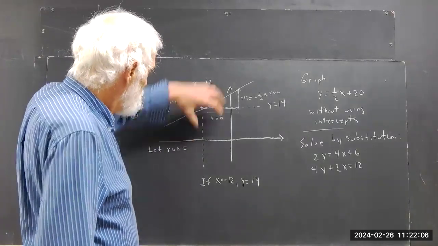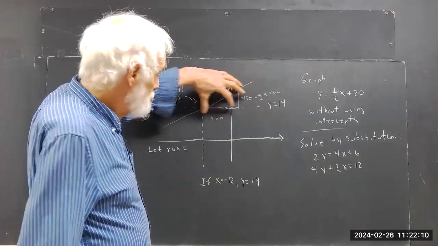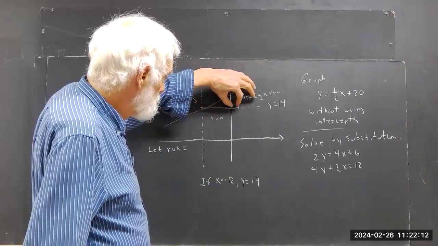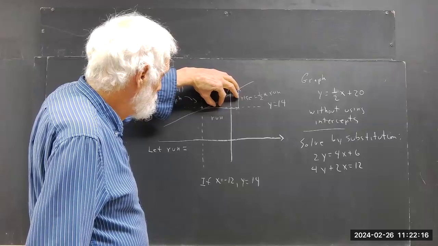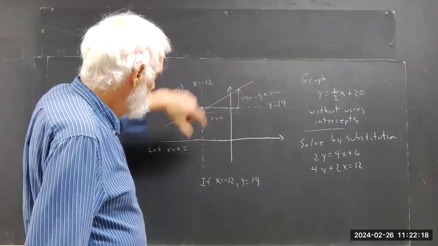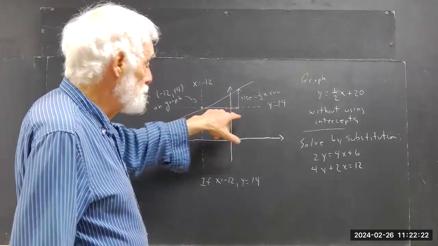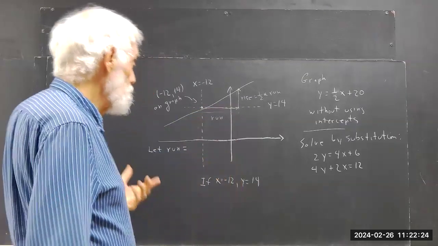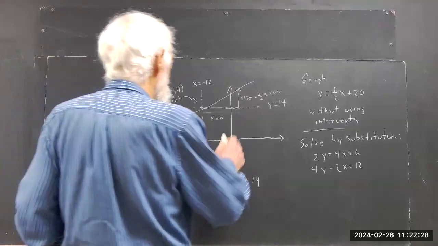Now, actually, if this is 12, it's probably a little more than 2 here. If this is 12, 13 would be pretty small. So let's see how many of these it takes. It takes about 1, 2, 3, 4 of these to make up a run of 12. That's about 1/4 of this distance. So I'm going to say the run is about 15, just because it'll work out a little better.